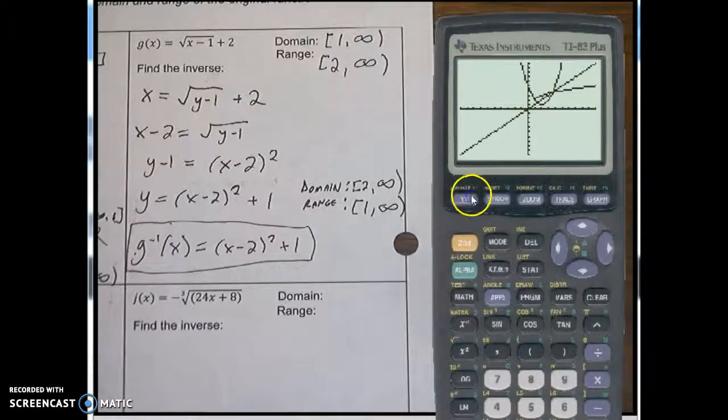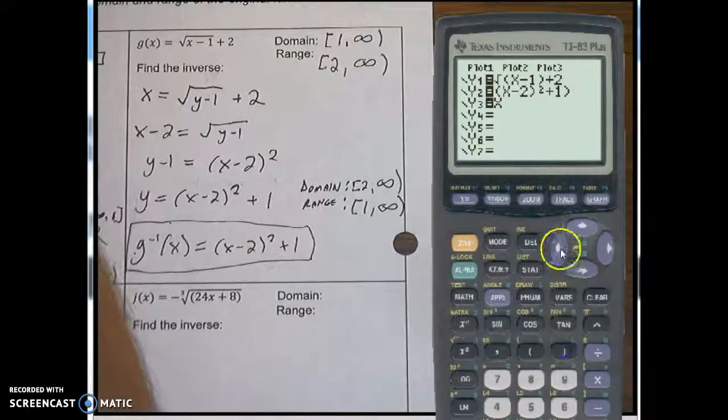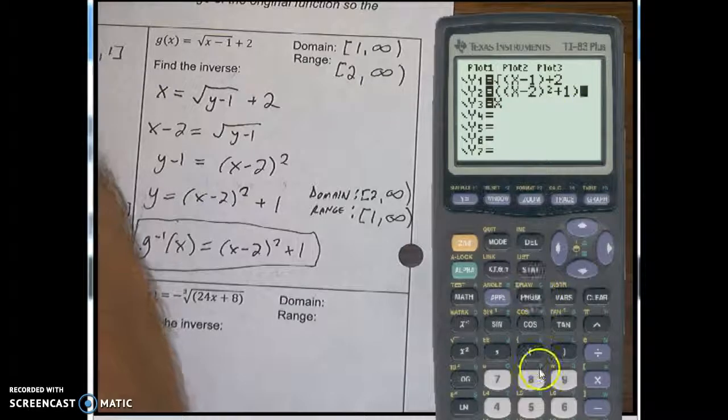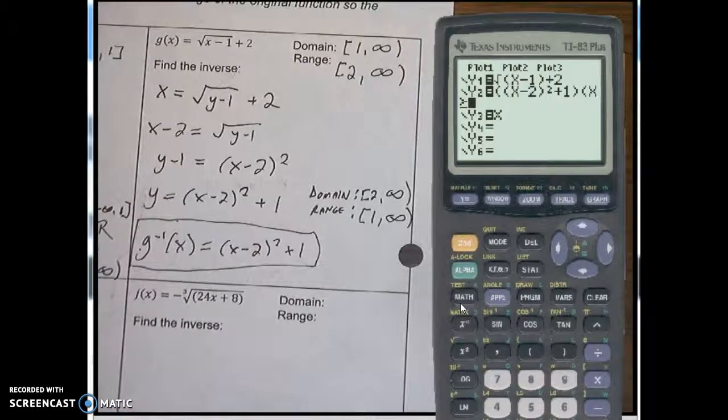The way we can fix that in the calculator, we can restrict it by going to the second equation, putting the whole thing in parentheses here. Second, insert parentheses. And then we can put a domain restriction in here. If we do parentheses x, you want to do second math, greater than or equal to.